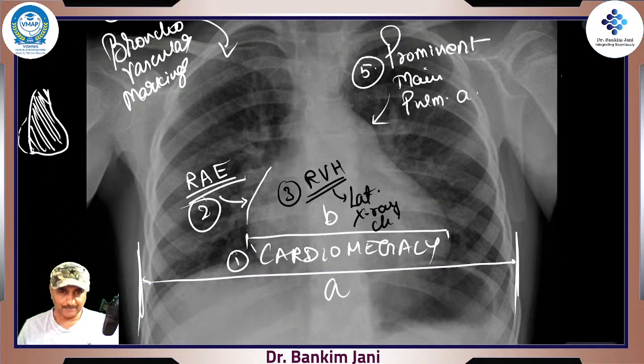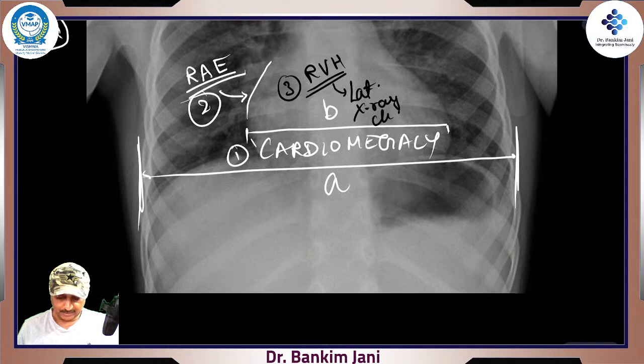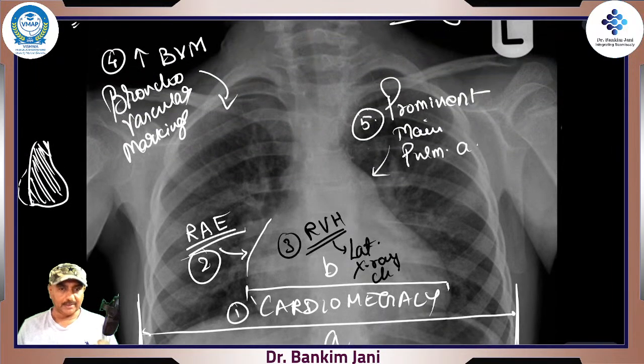It should not happen. So in this case, we get increased pulmonary vascular markings or bronchovascular markings, then right atrial enlargement, right ventricular enlargement. So that leads to cardiomegaly, and the prominent main pulmonary artery.